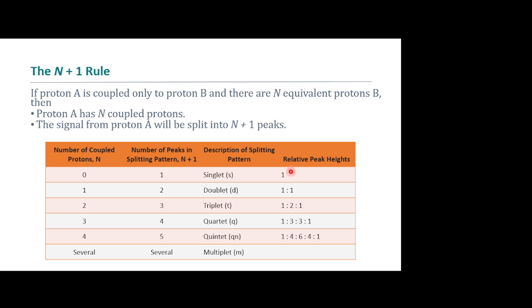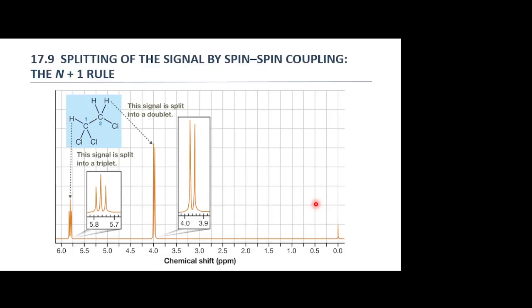This would be your relative peak heights. If you have a singlet, you're going to have 1 peak, and it's the whole height. If you have a doublet, they're going to be 1 to 1, and they should be even. If you have a triplet, the peaks on the side will be about half the strength of the one in the middle. We can actually see that right here. Remember, it's the integral's area that you're looking at.